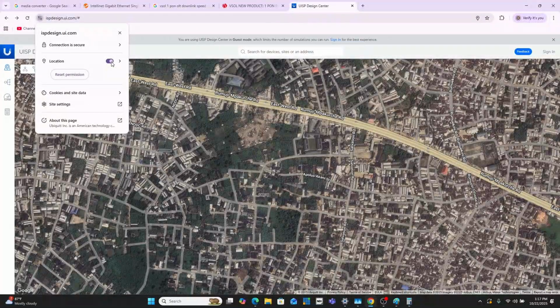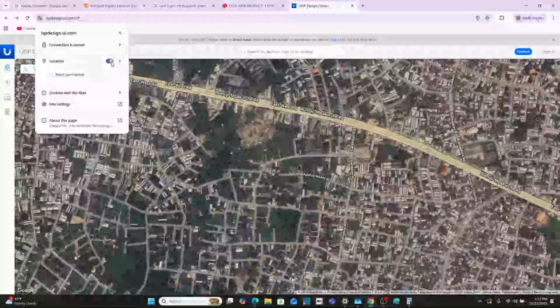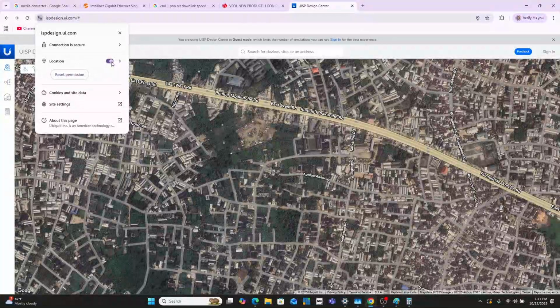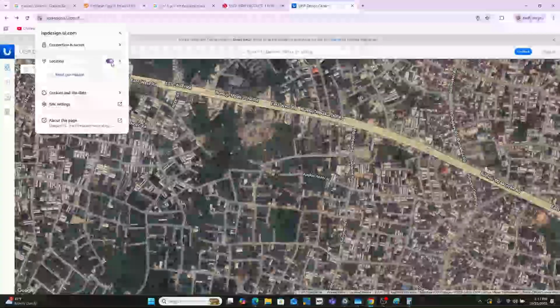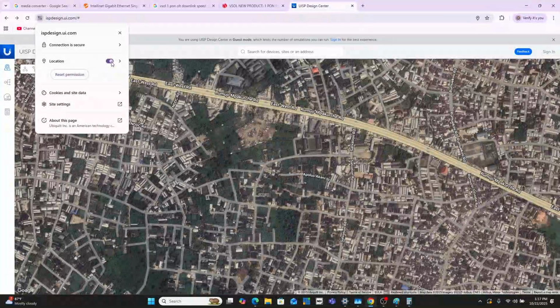Look for location and allow access to it. If you allow access to the location, you refresh the page to bring it back to Nigeria. Have you allowed access to location? No, it has brought you back to Nigeria.